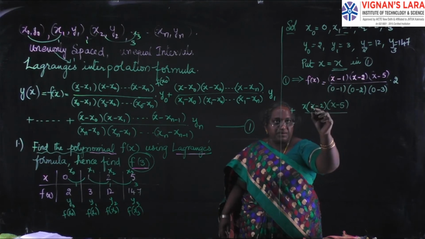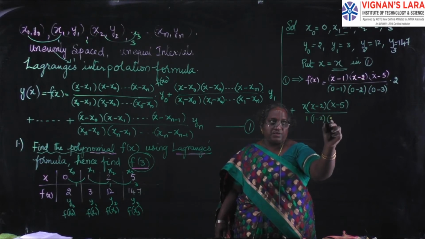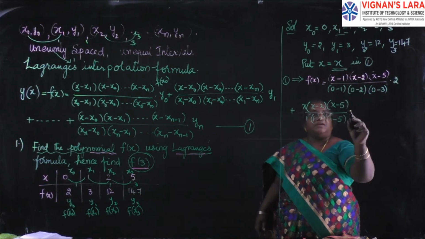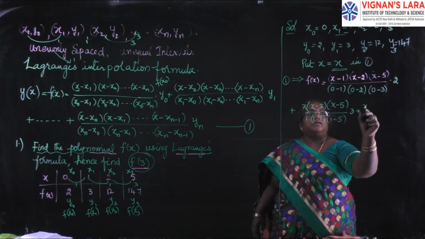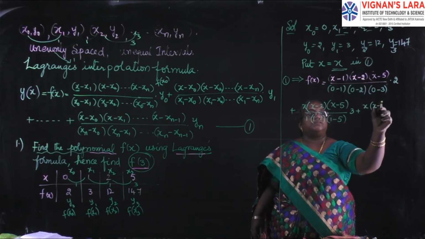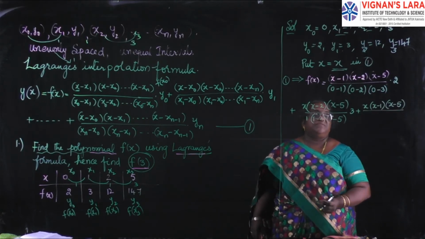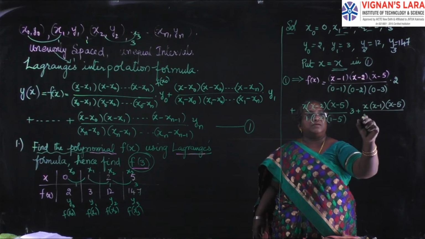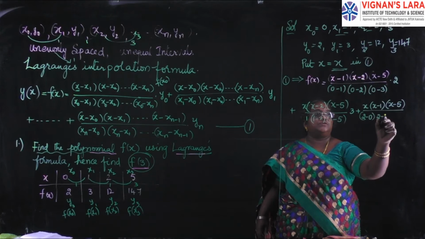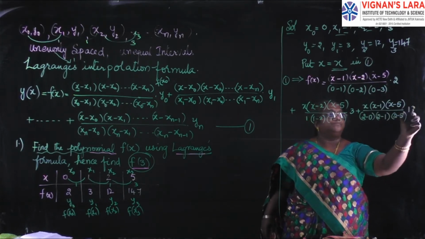That appears in place of x. 1 minus 0 is 1, 1 minus 2, 1 minus 5, into y1 is 3, plus, next this time we have to skip x2. So x into x minus 1 into x minus 5 by, what is it that we skipped there? 2. 2 minus 0, 2 minus 1, 2 minus 5. What is y2? 12.